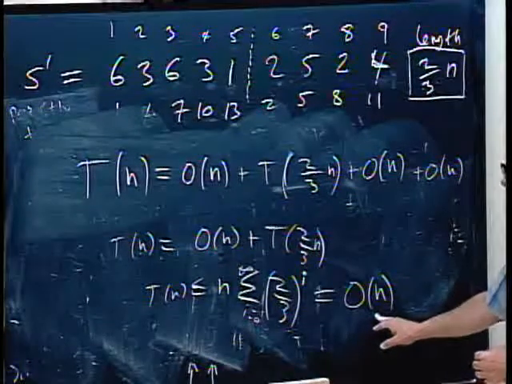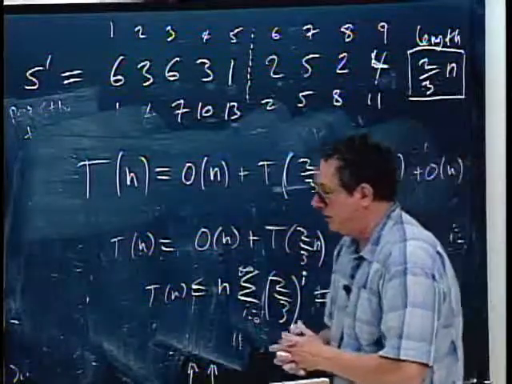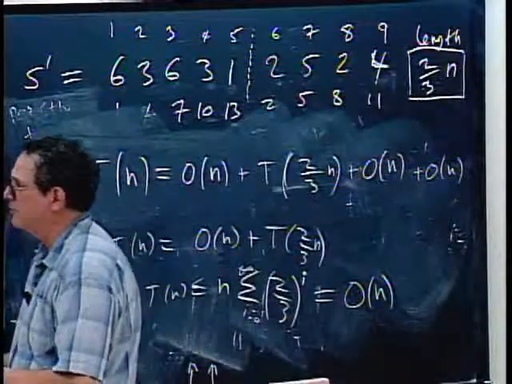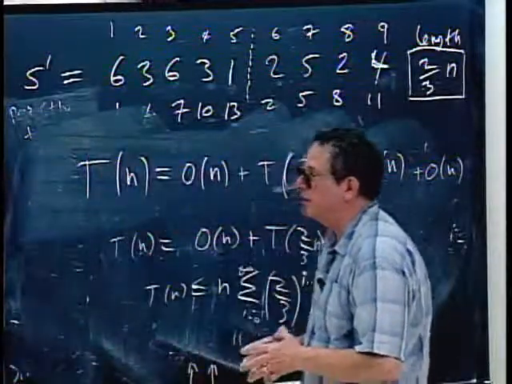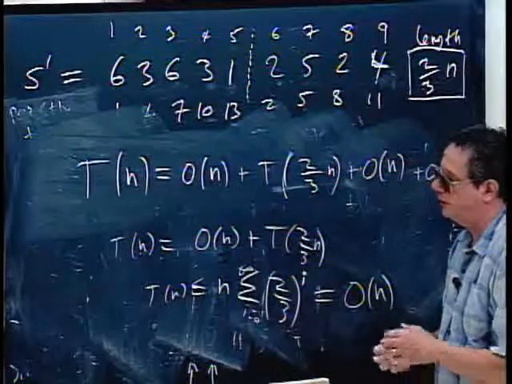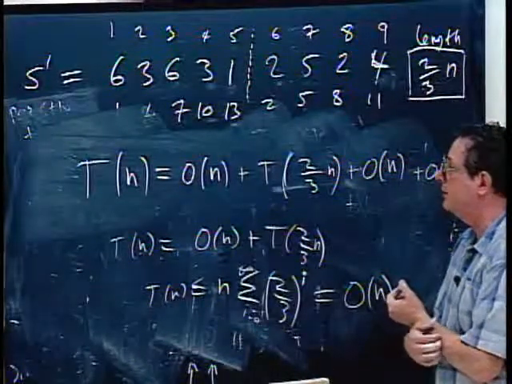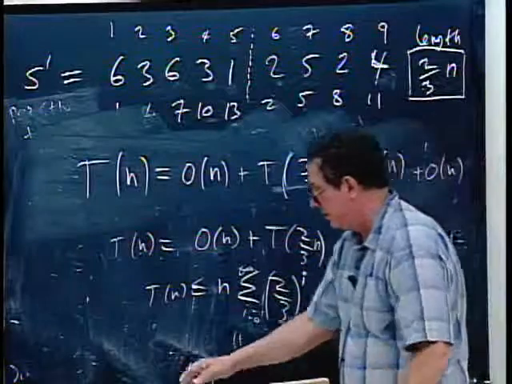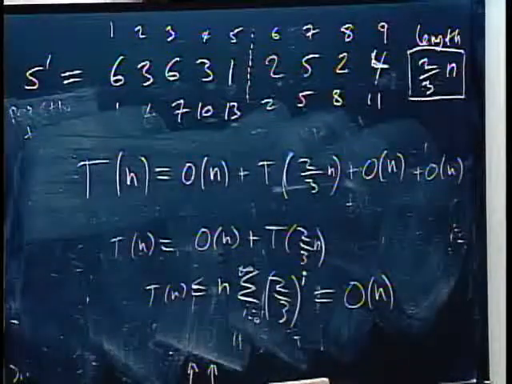order n time. Okay. Now, let's just think for a moment about trying this algorithm where we divided the positions into even and odd instead of into these funny 3 different ways.